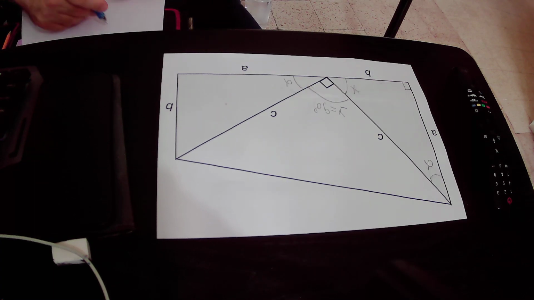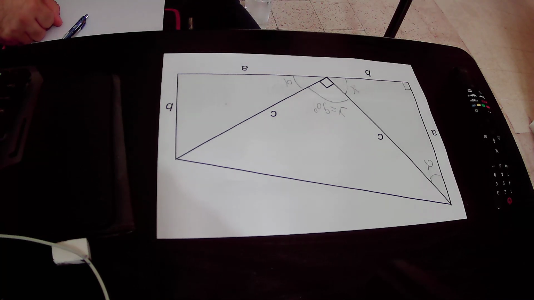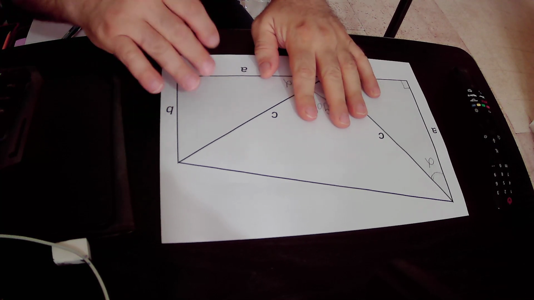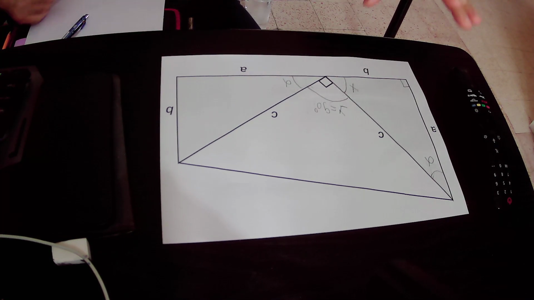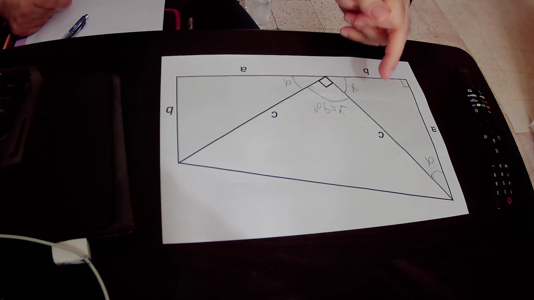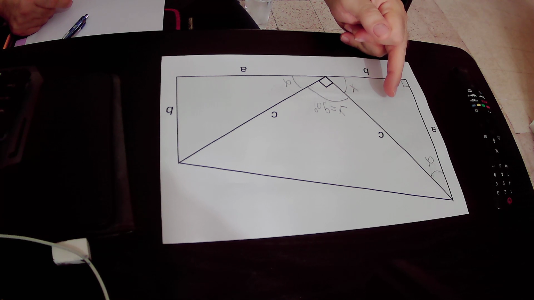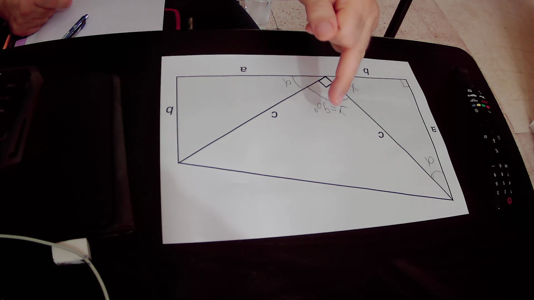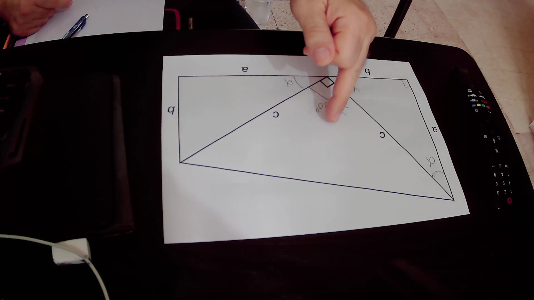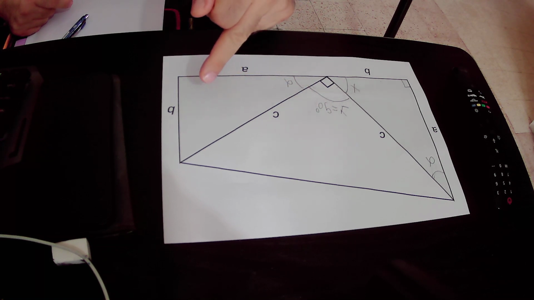Now we will calculate the area of this trapeze in a second way. We can say that the area of the trapeze is actually the area of the right triangle plus the area of the middle triangle plus the area of the left triangle.